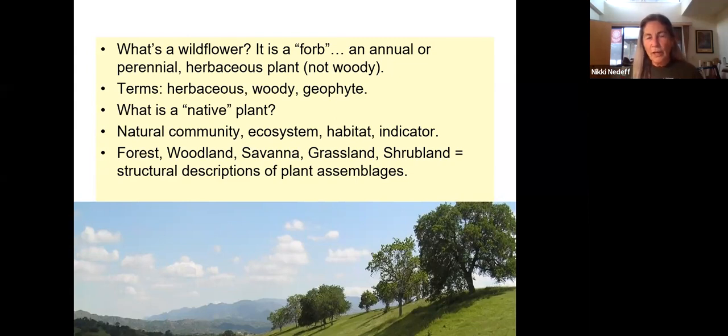Now, I like to think about habitat indicators, or indicators of certain kinds of environmental contexts. And usually those indicators, at least the ones I work with best, are plants. So an indicator to me of an oak woodland might be a coast live oak or a valley oak.